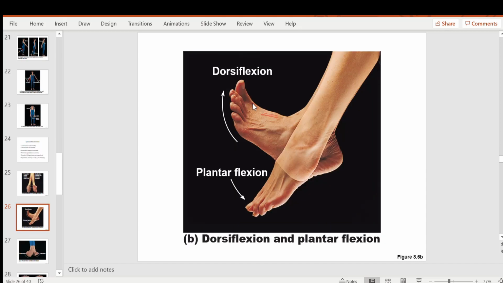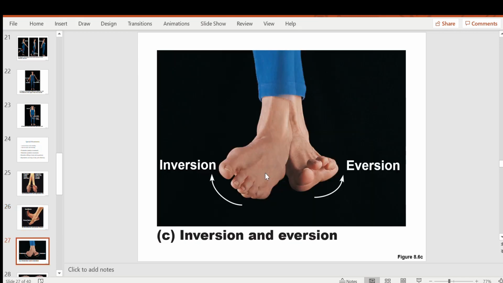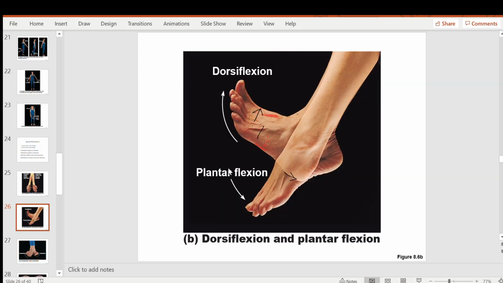This is the dorsal surface of the foot, so this is dorsiflexion, and this is the plantar surface or sole, so this is plantar flexion. So dorsiflexion, plantar flexion. Another way to understand dorsiflexion is if I ask you to stand on your heel and move the front of your foot up, that is dorsiflexion.